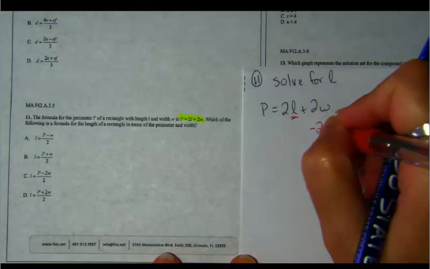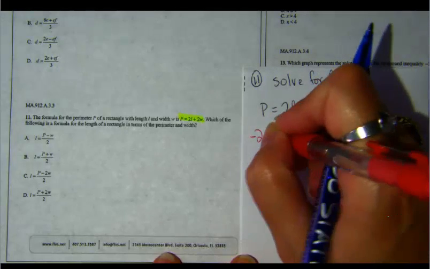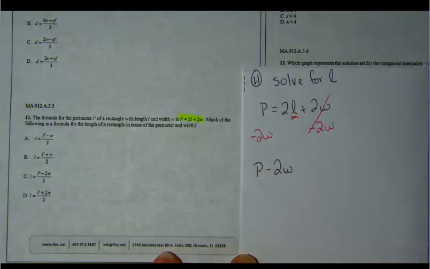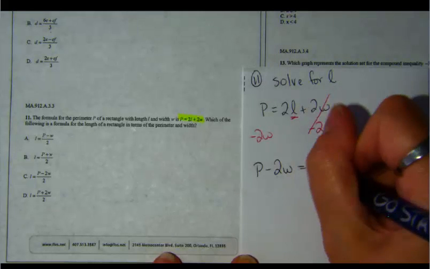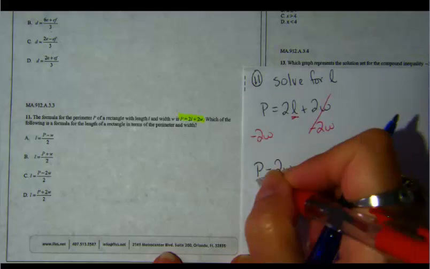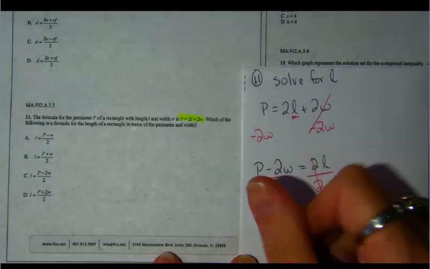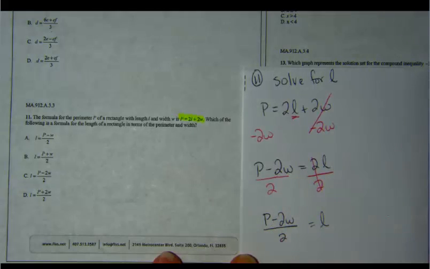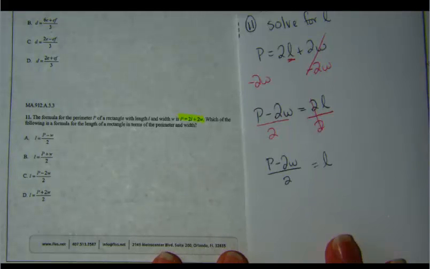So the first thing I need to do is get rid of that 2W. P and W don't go together, so I can only rewrite it like that. And then I need to get rid of this 2. Now I have L by itself, so I'm just looking for P minus 2W divided by 2.